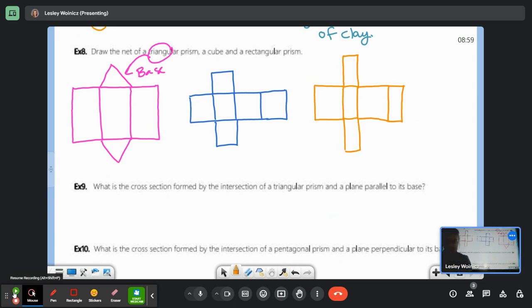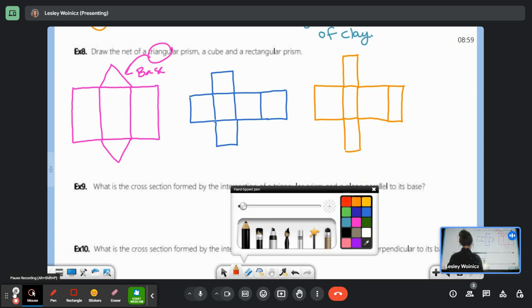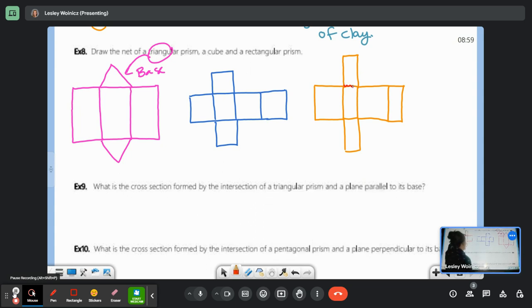Watch me struggle, do it. Okay, so when you're doing these, you just want to make sure that these sides match up, obviously, because that's where you're going to fold it. And then that these sides look like they could match up. You know what I'm saying? Because they would fold together.